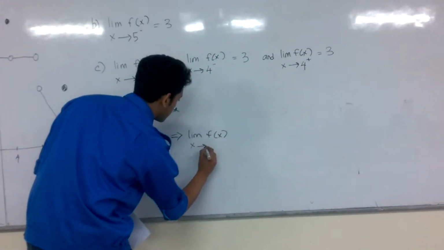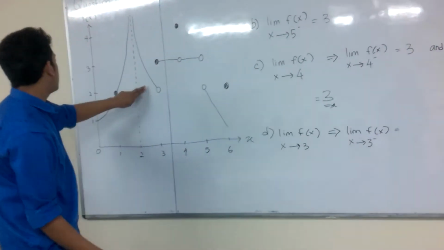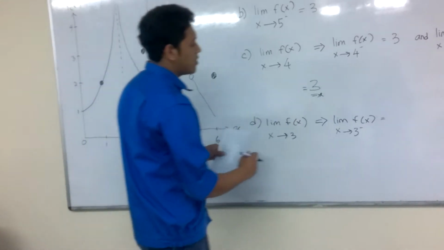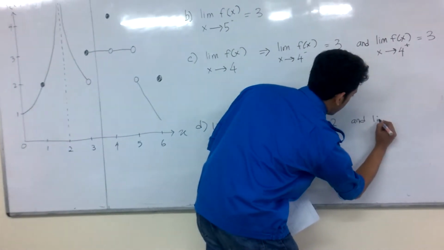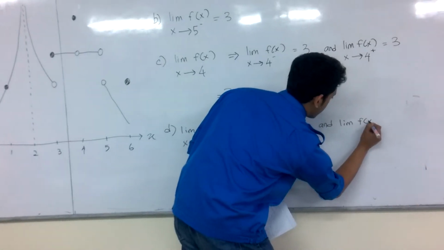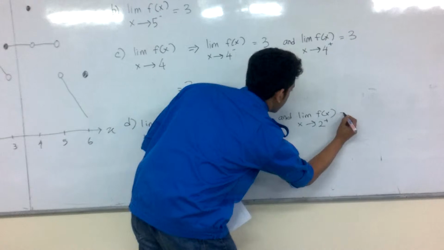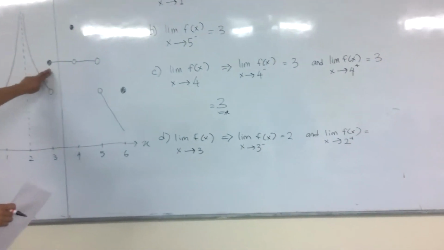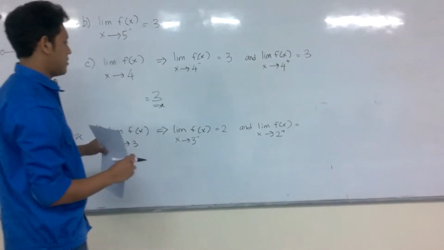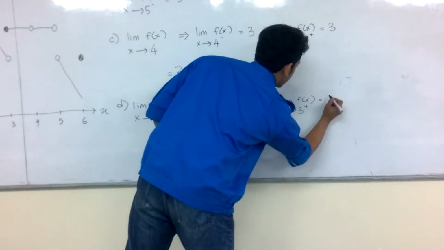As x approaches 3 from the left, you can see from the graph, the value is 2. And limit of f(x) as x approaches 3 from the right is equal to 3.